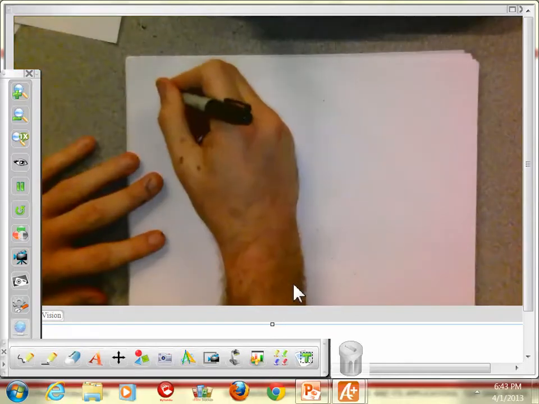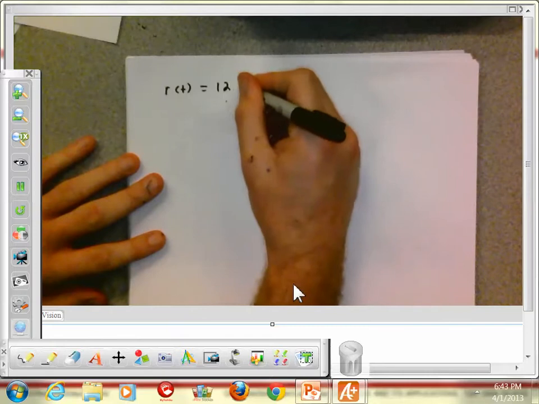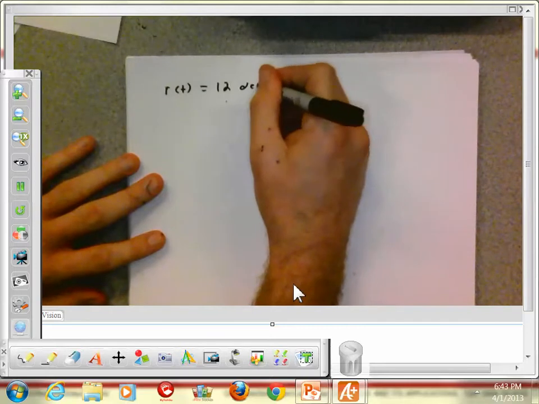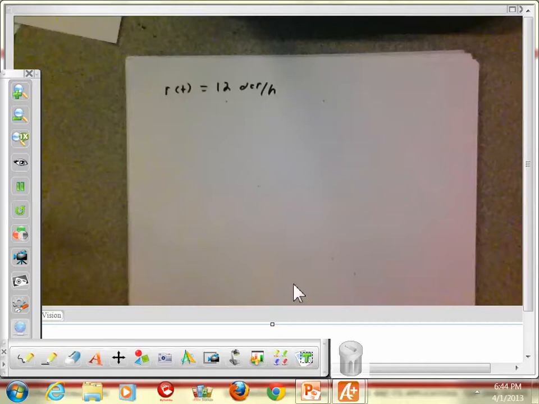So when we're thinking about part B, we can think of rectangles. All right? So I'm going to look at the case where R of t is equal to 12 degrees per hour. All right? And I'm going to look at the case over 2 hours.